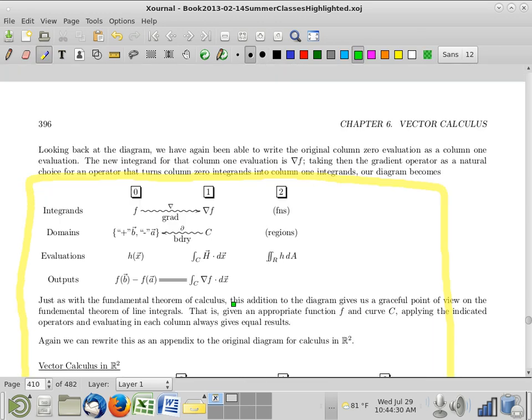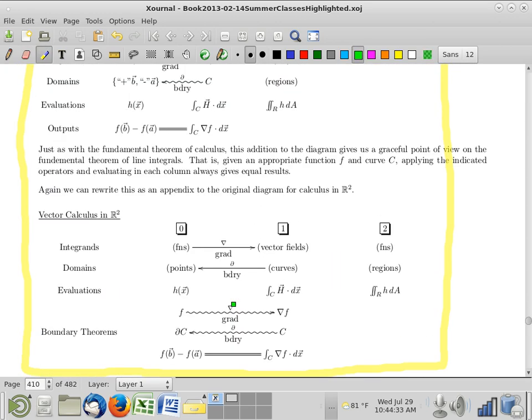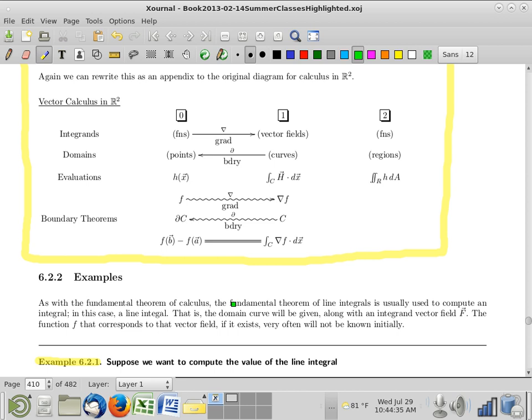Okay, I want to do one quick application. Well, let me celebrate again first. Notice that we started with a curve in 2-space with boundary points, and we started with a function.